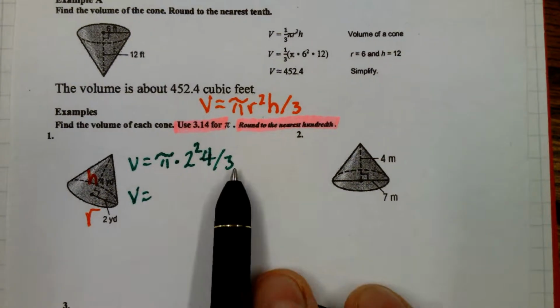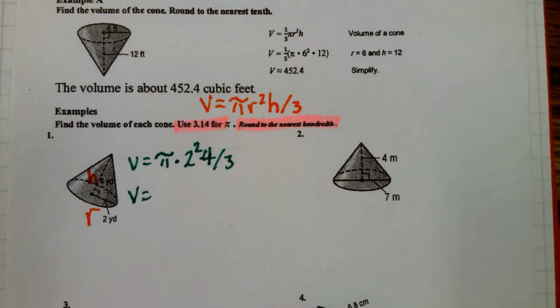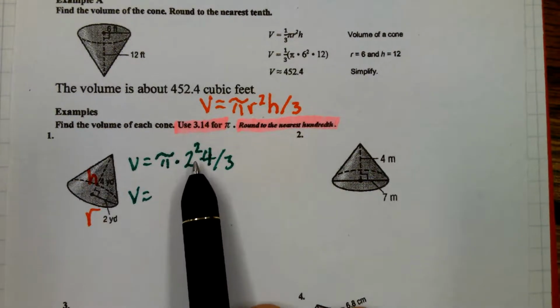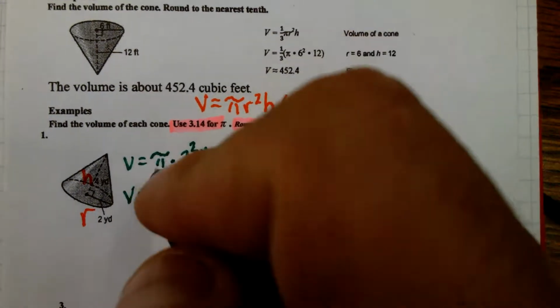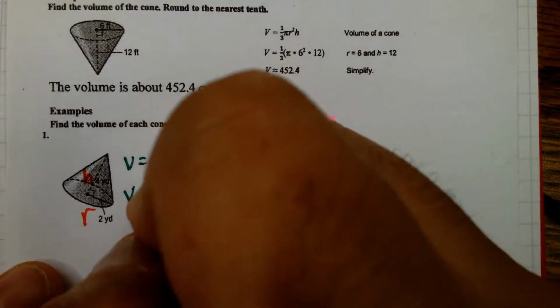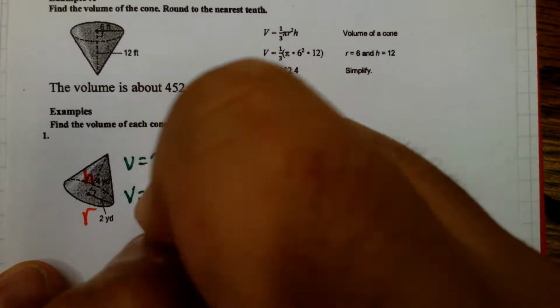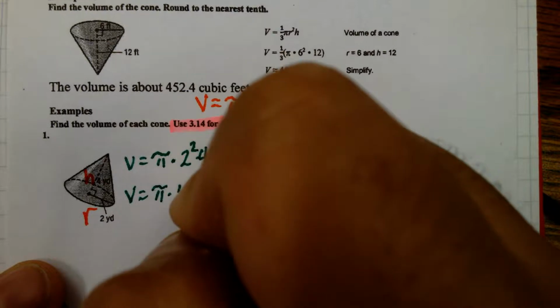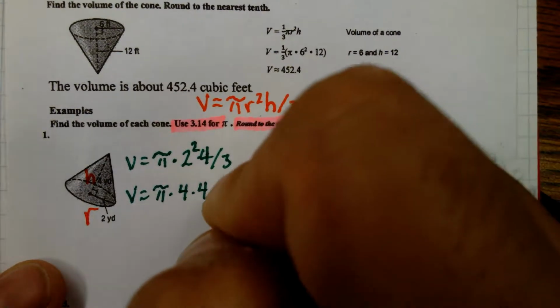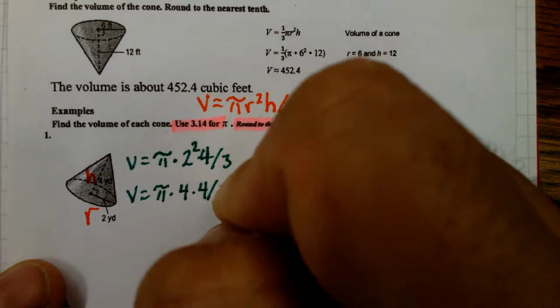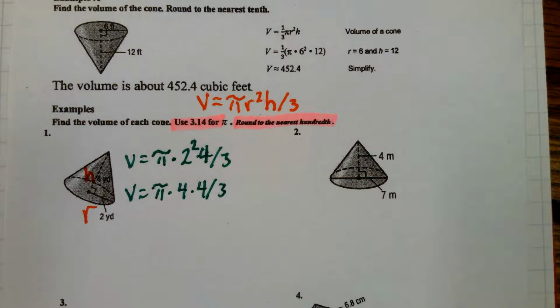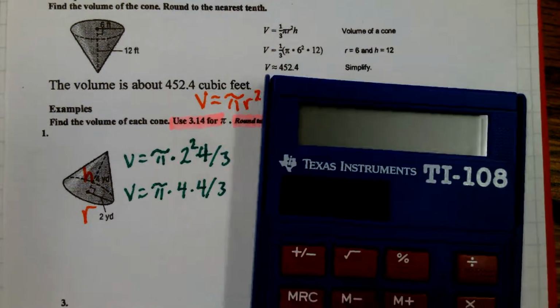So what's the first thing I can do? Think of order of operations. Exponent. And it's 2 squared. So 2 squared is, in this case, 4. It's 2 times 2. So pi times 4 times 4 divided by 3. Okay? Now, this is where the calculator can come in.